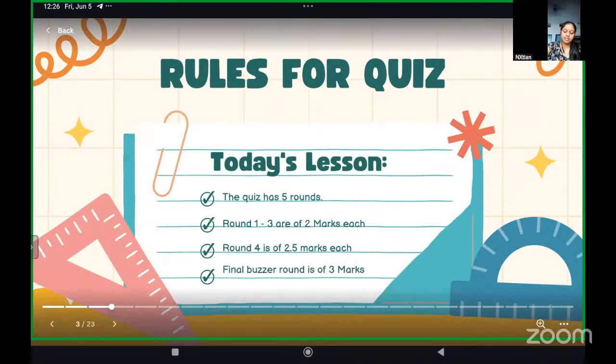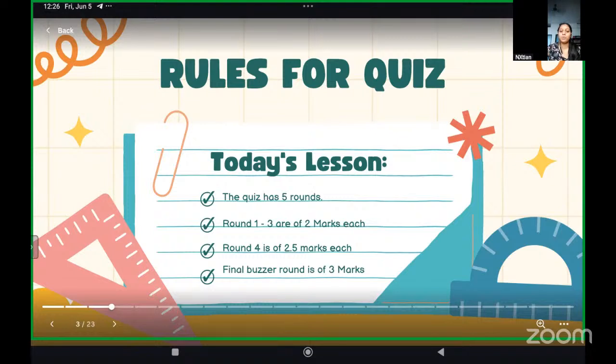Now, some rules for the quiz are there. We are going to have 5 rounds. The first round is based on MCQ, the second round on fill in the blanks, and the third round on identify questions.